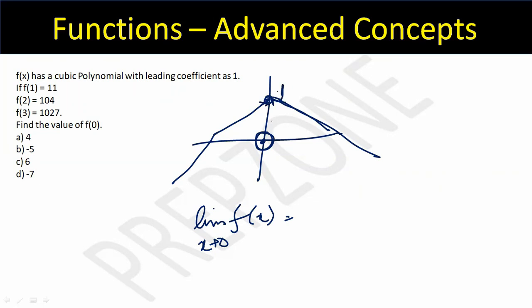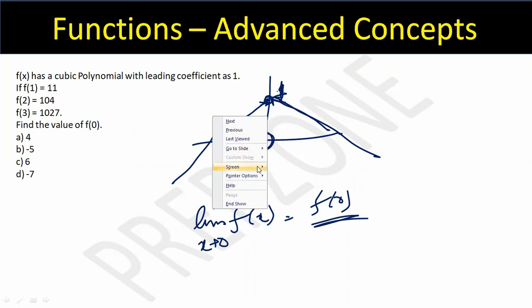That is the meaning of limit: you say the left hand limit and right hand limit are converging to a particular value. And then you say if this limit equals f of 0, then the function is continuous. But because f of 0 is 0 and f of x tending to 0 is essentially 1, limit and the value are two different things. They are not the same thing. That is the point from here. Again, not relevant to this question, but just a case for your understanding. Others you can ignore, don't get confused about this.